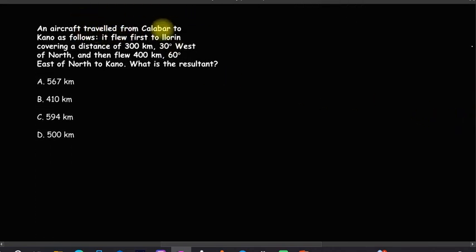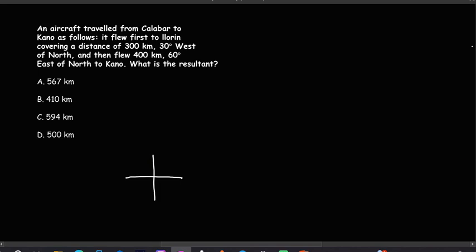An aircraft traveled from Calabar to Kano as follows. It first flew to Ilorin, covering a distance of 300 kilometers, 30 degrees west of north. Okay, so let's just try sketching something. We know I have to draw our x and y axis, or our 4 quadrants, right?